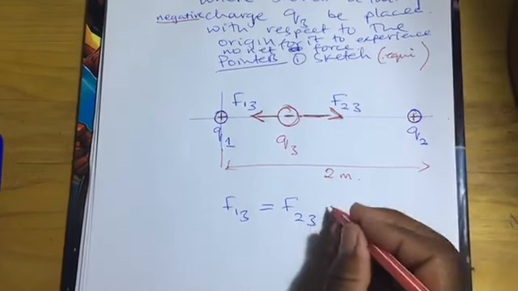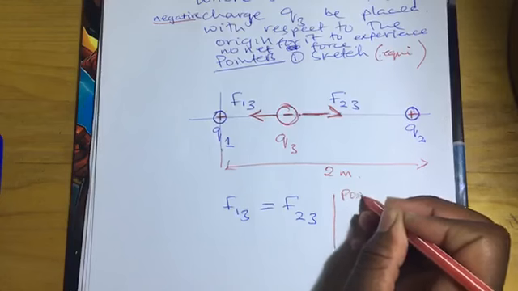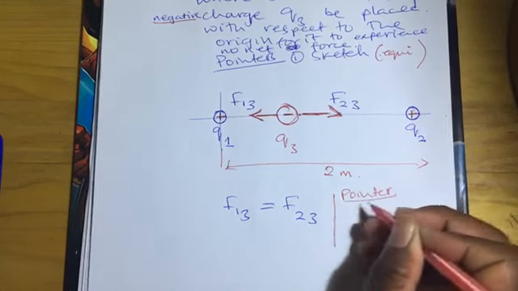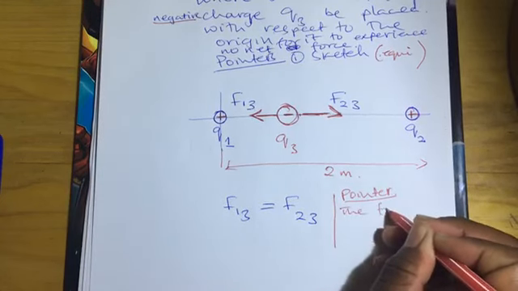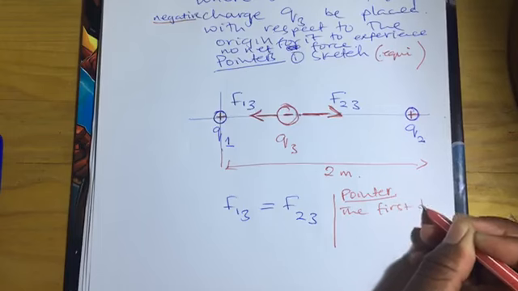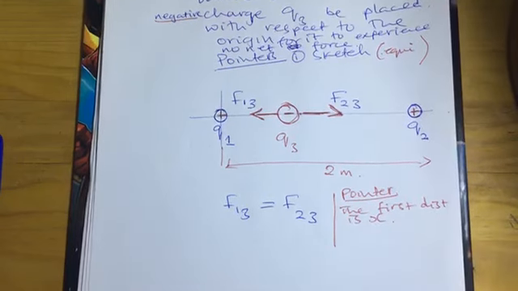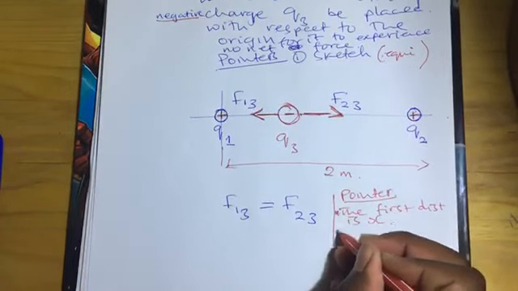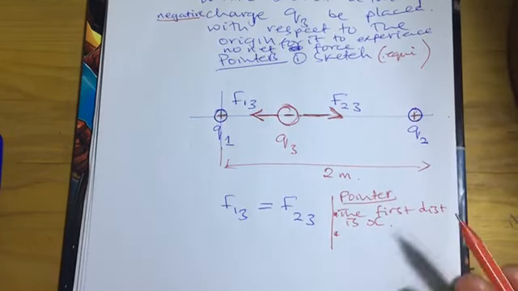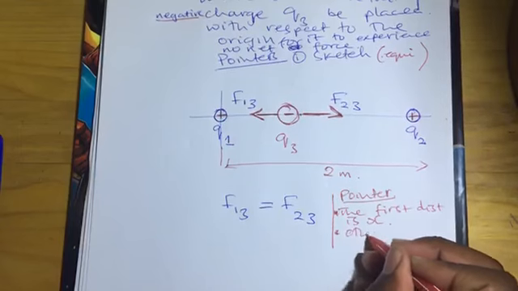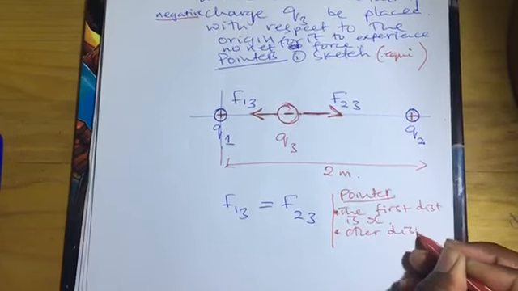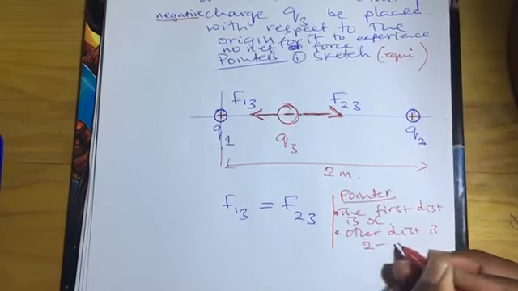So here's a pointer. The first distance is x, okay? The first distance is always x, and then the remaining distance is 2 minus x.